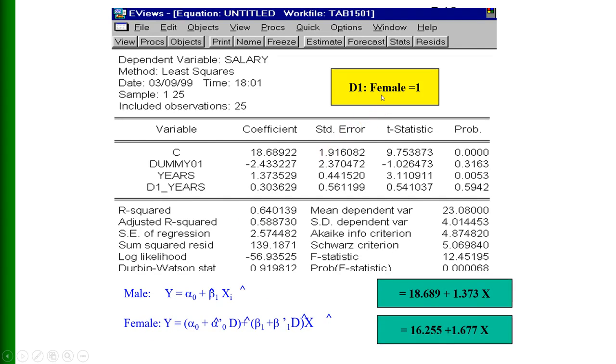Since this dummy 1 is 1 for female, this is the male regression, and this one is for female. So you see there are two different, these coefficients are different, and even these slopes are different.